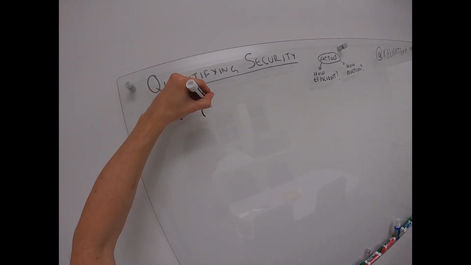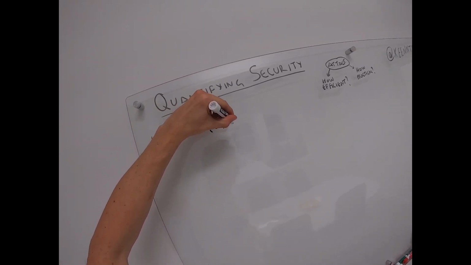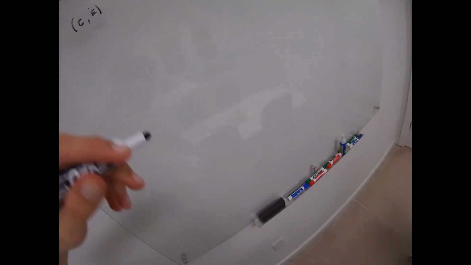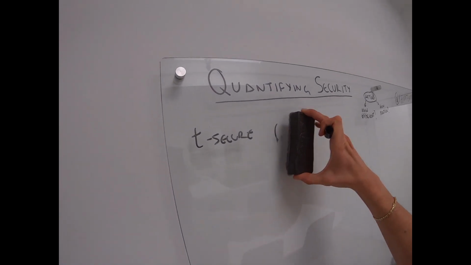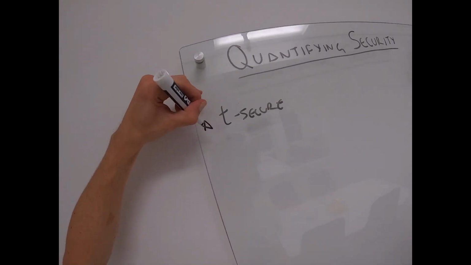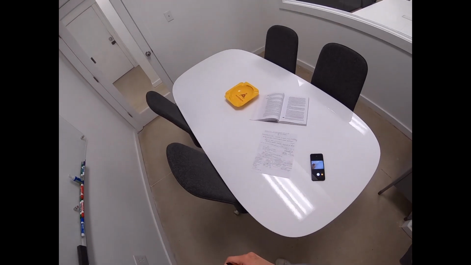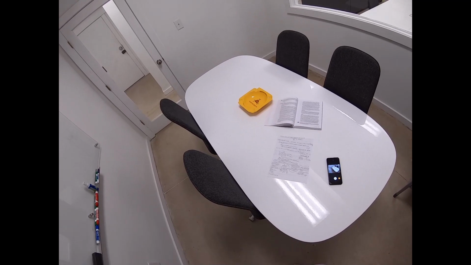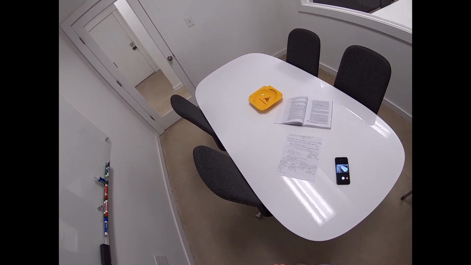Actually it was T and epsilon security, but we'll keep epsilon at 1 because we consider the best chances. So we always defined security before as T-secure, with T the number of operations. How else can we also define it?